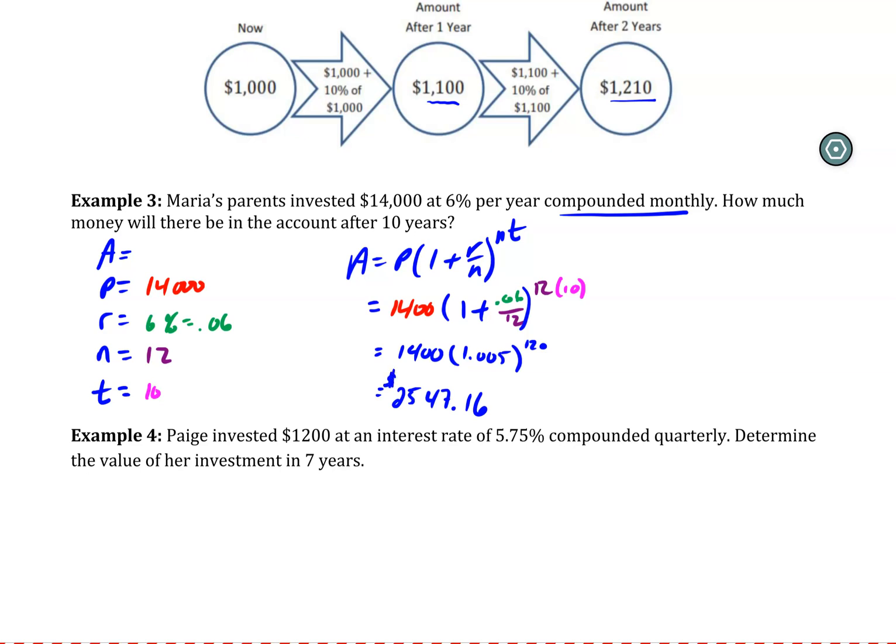So I get $2,547.16. Now, notice one other thing that's a little different here. Oh, you know what? I just realized, hold on a second. Sorry, I put 1,400 instead of 14,000. So let's go back and make that adjustment.